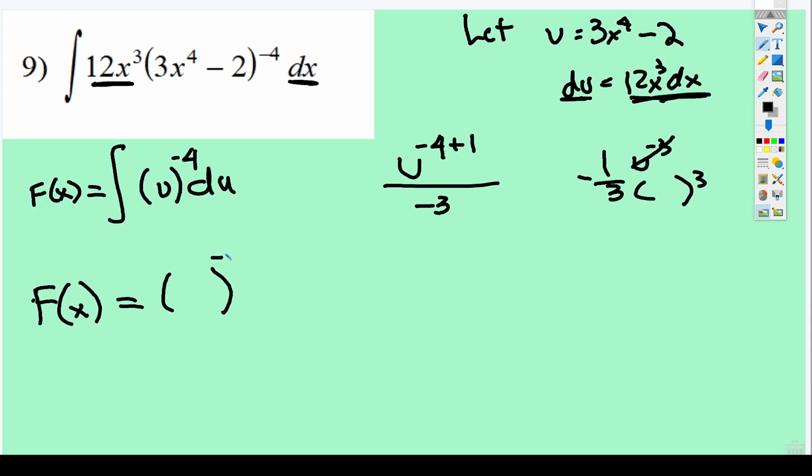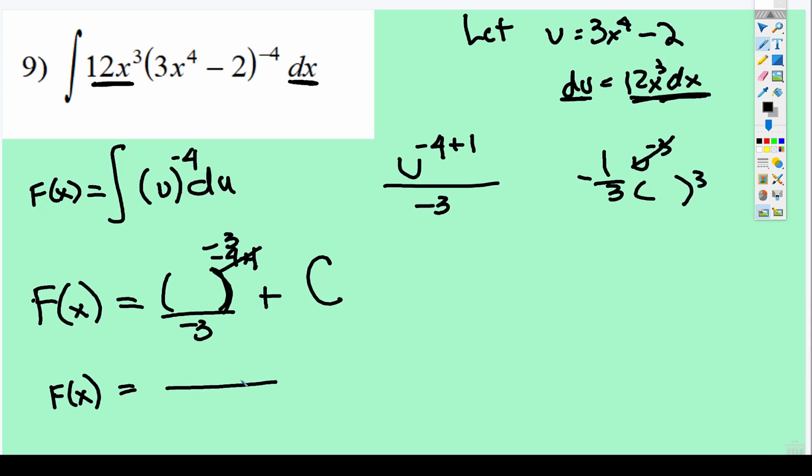So it's u to the negative fourth plus 1. That's negative 3. Notice I'm not going to fill in that parentheses till I'm done. Well, since this is going to be negative 3, we're going to want this whole parentheses moved down to the denominator. So now we have negative 1 over 3 u to the third power. And the u was 3x to the fourth, subtract 2, plus uppercase C.